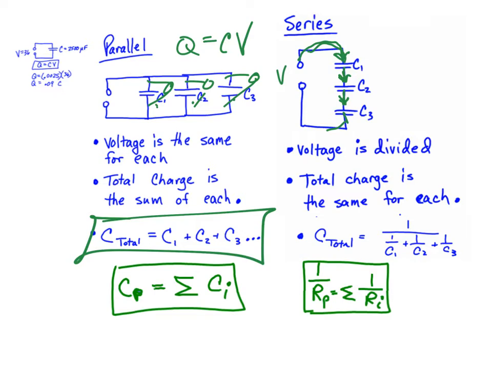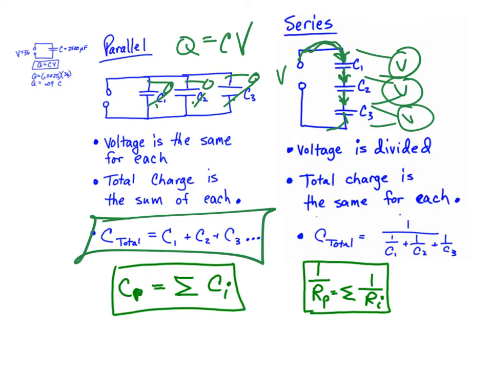They still will divide the voltage, each one of them. If I put a voltmeter across each one, they're all going to read something different, if they're different capacitors. Each one of them is going to have charge in it, but each one will have the same amount of charge.